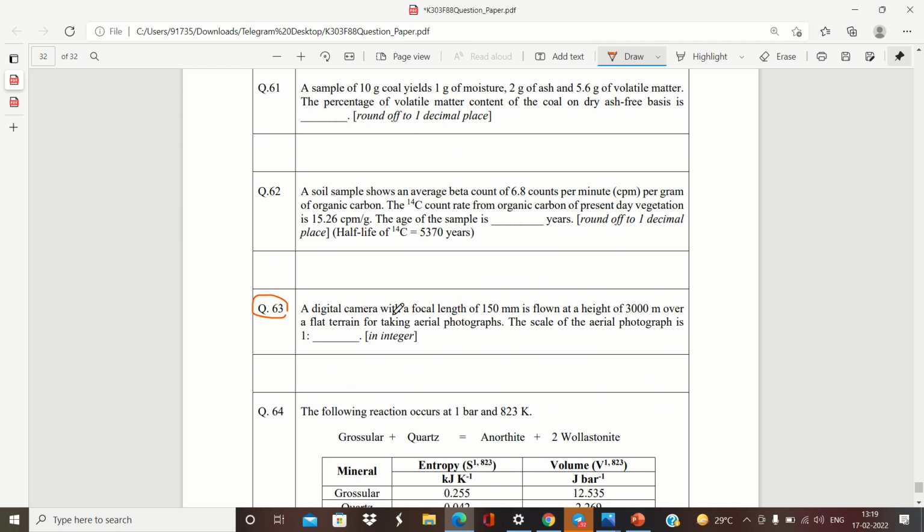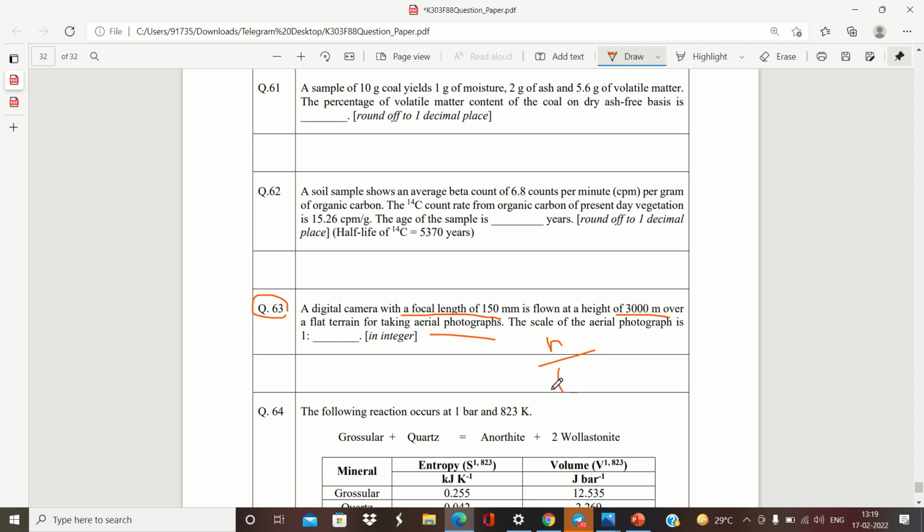So a digital camera with focal length of 150 mm is flown at a height of 3000 meter over a flat terrain for taking the aerial photographs. What will be the scale of this aerial photograph? So the scale is your focal length divided by height.